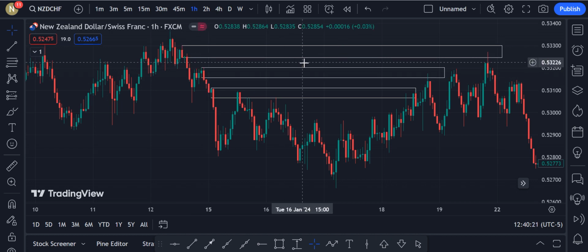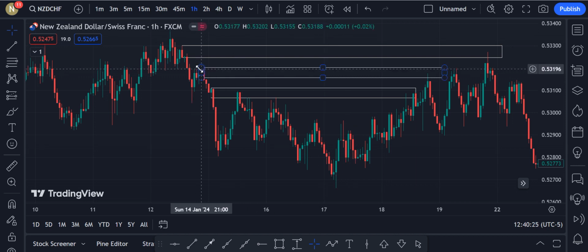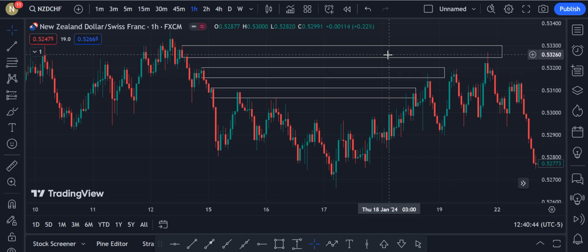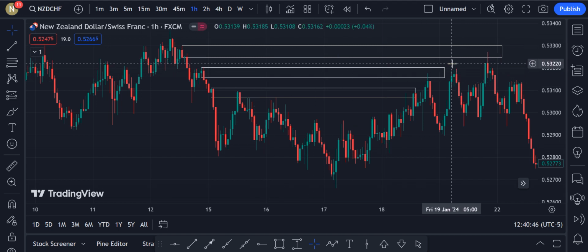Because to someone who understands the market, this can be considered as inducement, just fooling around with people, and majority of the people would have entered here, and then it comes, reacts slightly, then it takes you through, it grabs all of you and your stop losses, takes your money, then reacts to the extreme order block right here. So this is very crucial to consider when you're trading.